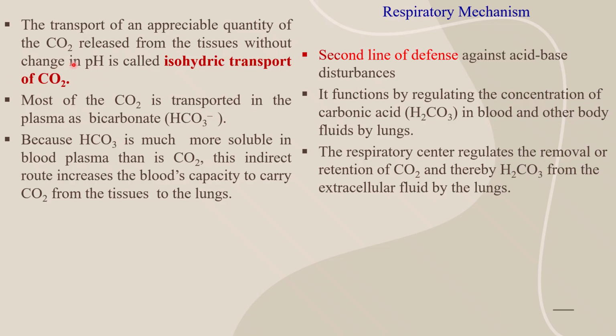Then most of the carbon dioxide is transported in the plasma as bicarbonate, and because bicarbonate is much more soluble in blood plasma than carbon dioxide, this indirect route increases the blood's capacity to carry carbon dioxide from the tissues to the lungs.